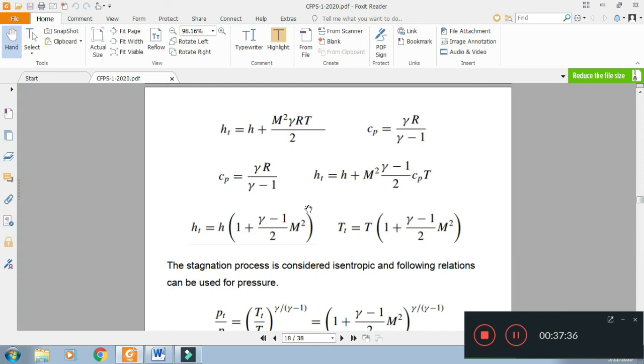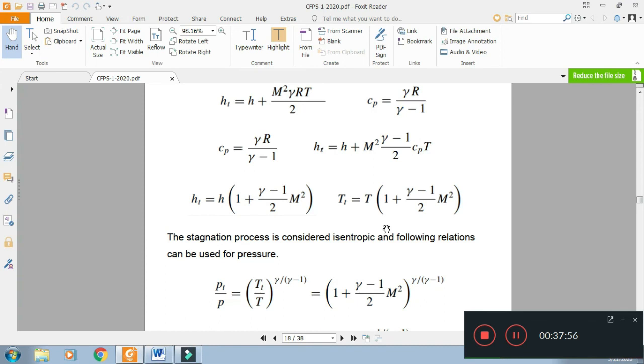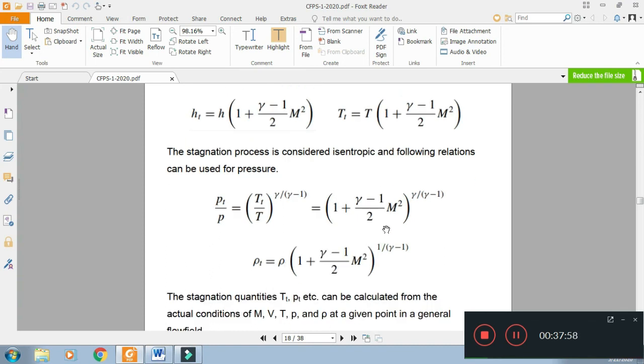If we know the Mach number, we can find the ratio between total enthalpy and static enthalpy. A similar relation can be written for total temperature and static temperature. If we know the Mach number, we can find the ratio between total temperature and static temperature.